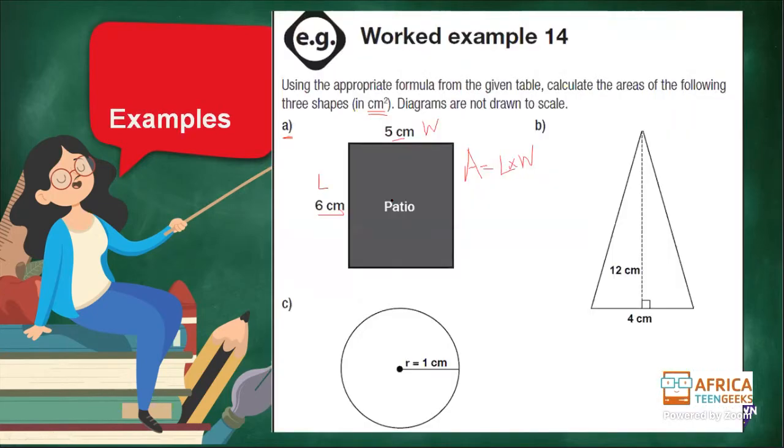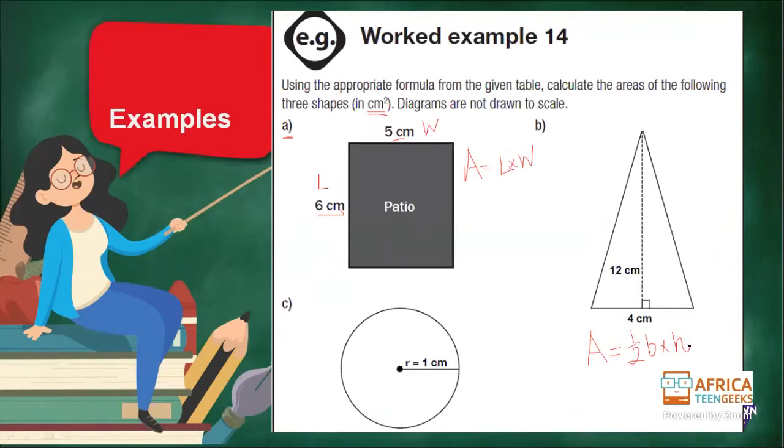The second one, it's obvious, it's a triangle. I need you to calculate the area of the triangle. Now just to remind you, the formula for the area of the triangle is area is equal to half the base times the perpendicular height.